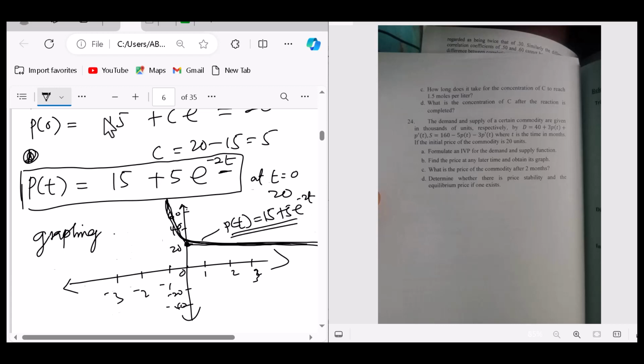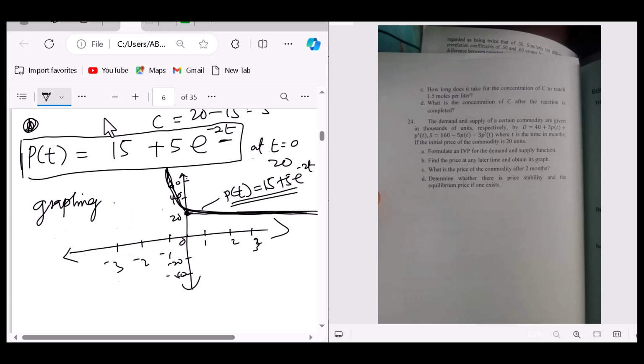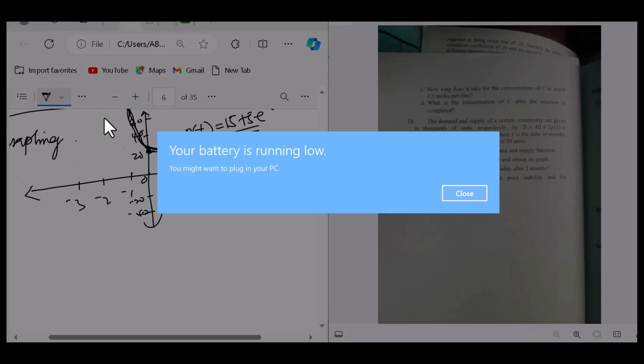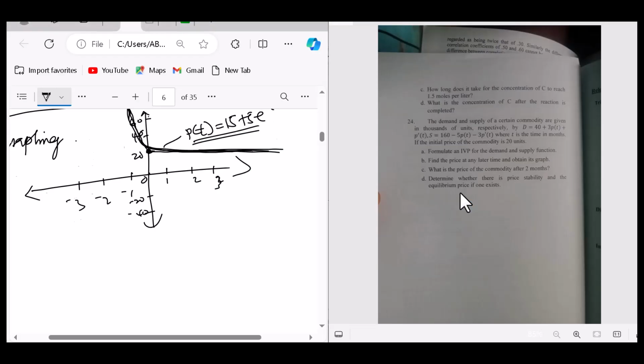This is the graph. Now what is the price of the commodity after 2 months? So after 2 months, P of 2 will be equal to 15 plus 5 e to the power negative 2 times 2, and this is just 15 plus 5 e to the power negative 4.